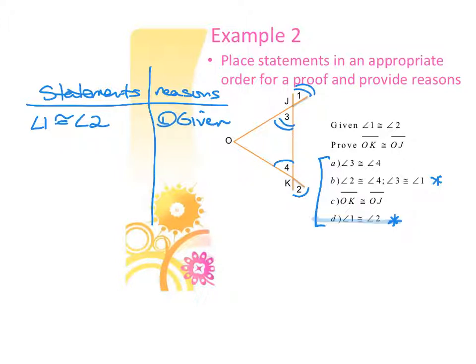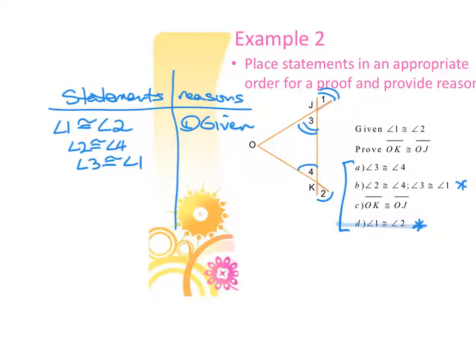So that'll be my next statement, that angle 2 is congruent to angle 4, and angle 3 is congruent to angle 1, and this is going to be vertical angles theorem. So now that one's gone.